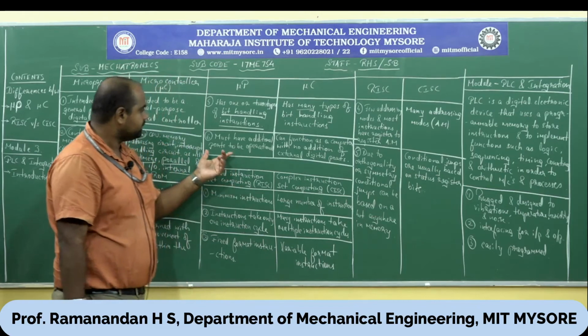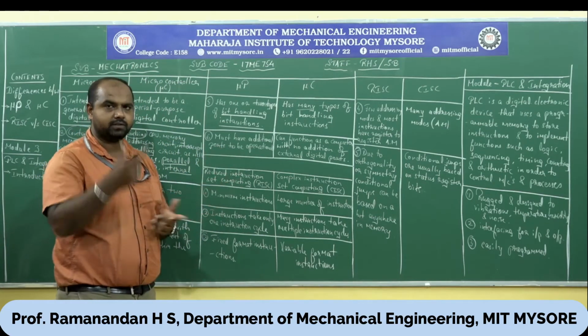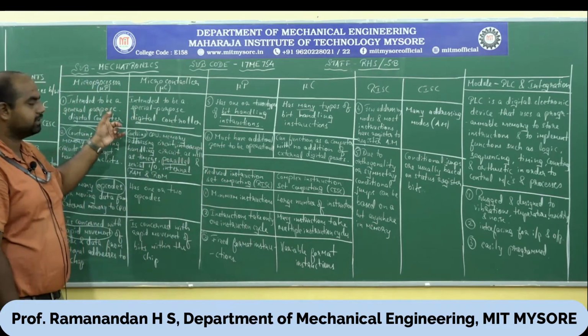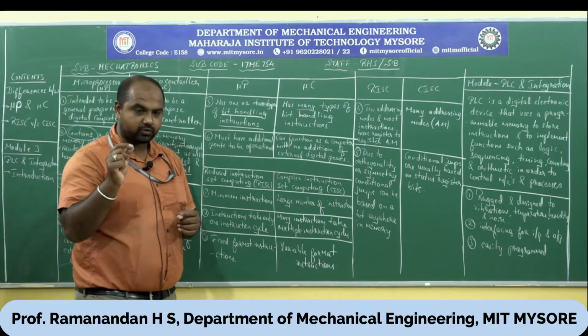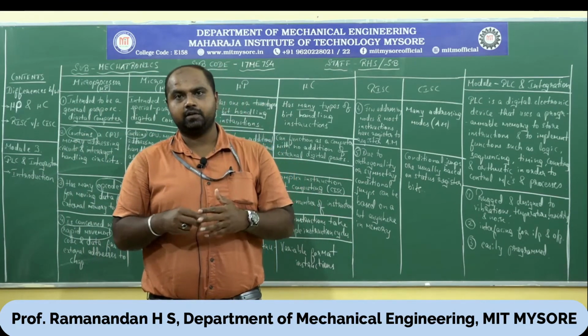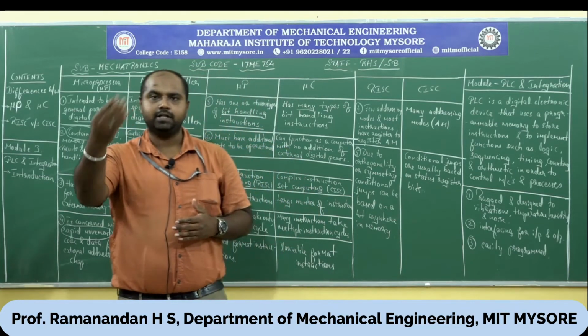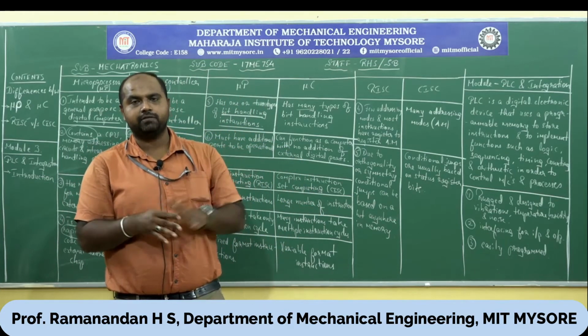So the last difference is that it must have additional parts. This is relevant to the first difference. Microprocessor has only a processor. It doesn't have an input taking device, addresses, or maybe a display system. All those things should be externally fed.